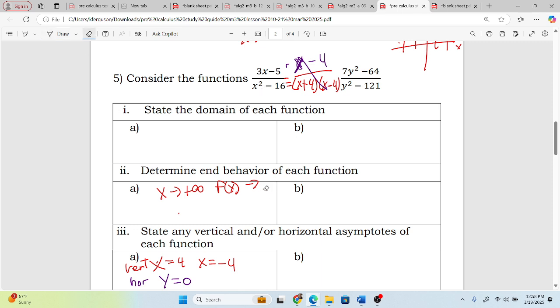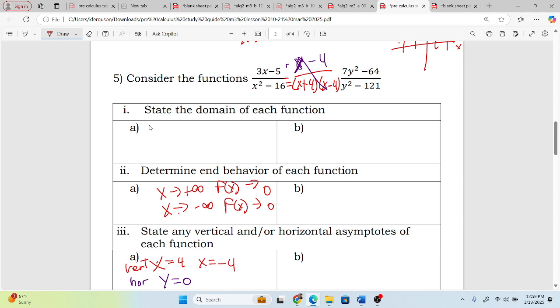So as x approaches positive infinity, f of x approaches 0, and as x approaches negative infinity, f of x approaches 0. Yeah, because that's the same. Yes, that's fine.